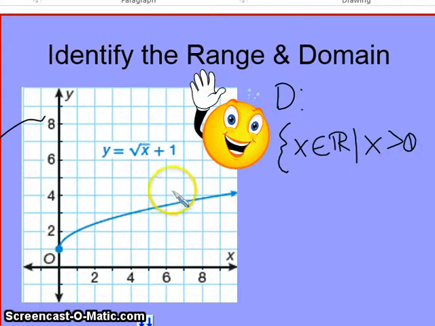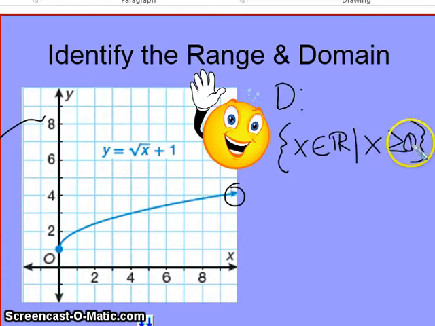Now, our largest possible x value, so this arrow here, it implies that it's going off to infinity. So x is just going to be bigger than 0. It can also be equal to 0. So we're going to write a line right there.